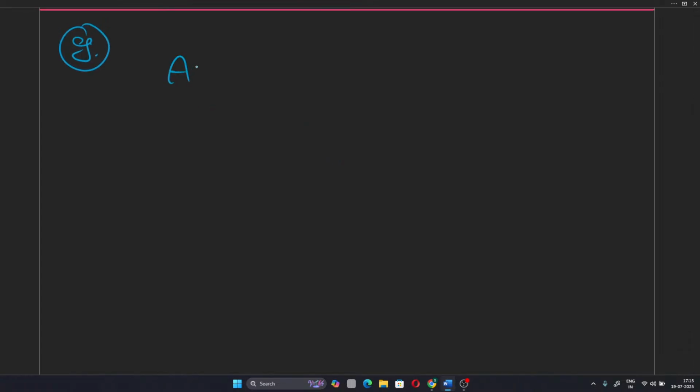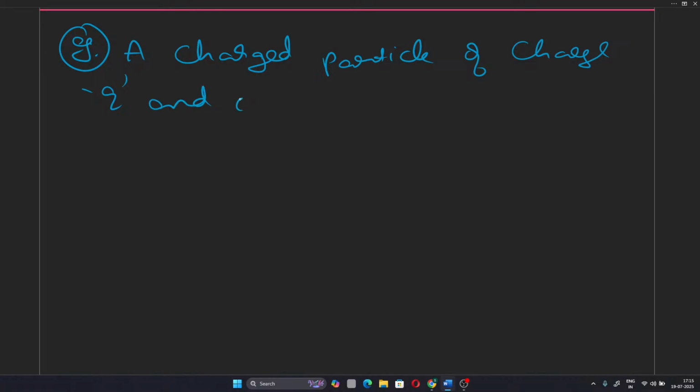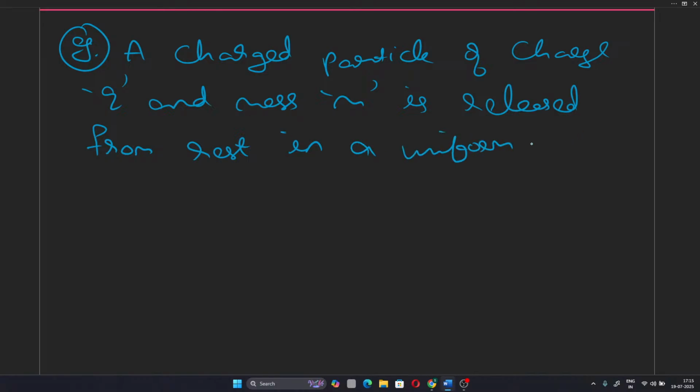A charged particle of charge q and mass m is released from rest in a uniform electric field E, neglecting the effect of gravity.